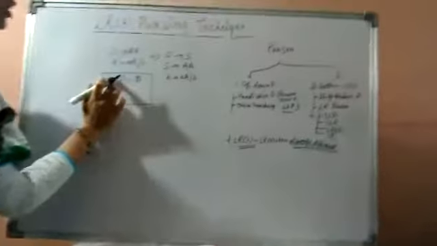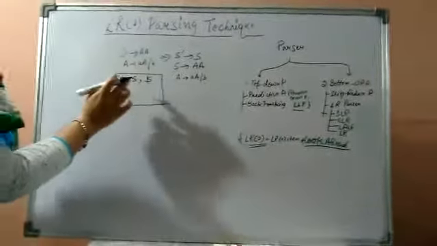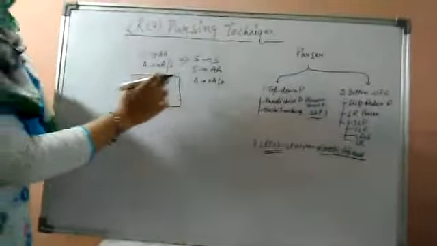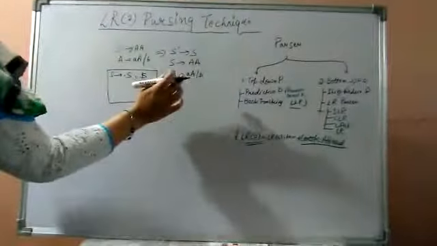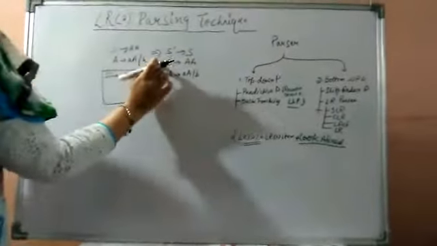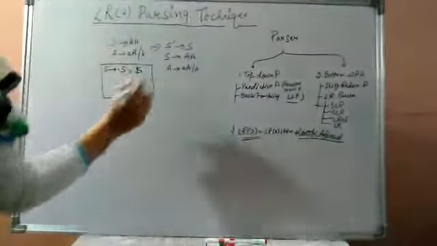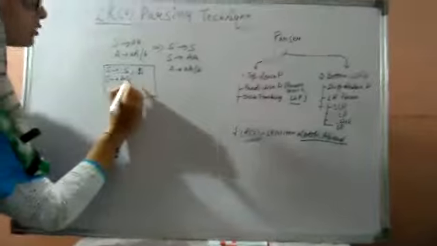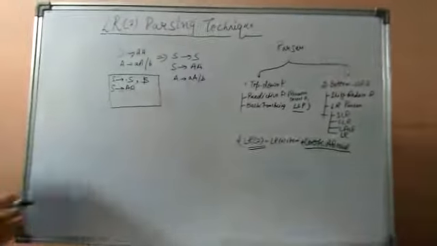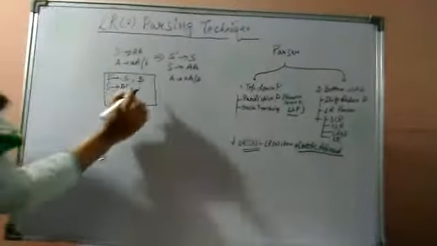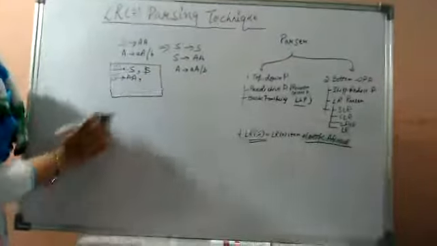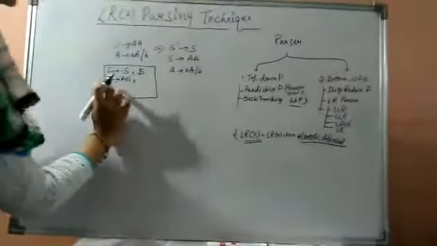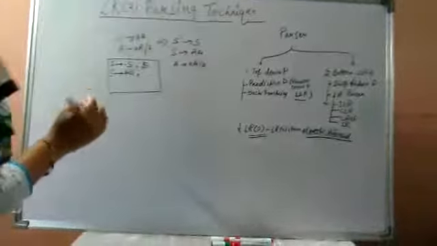Now the dot has been placed before the S, so we can see in this grammar that S has a further production rule. So we can write this S to AA, and now we can check the lookahead symbol for this production.